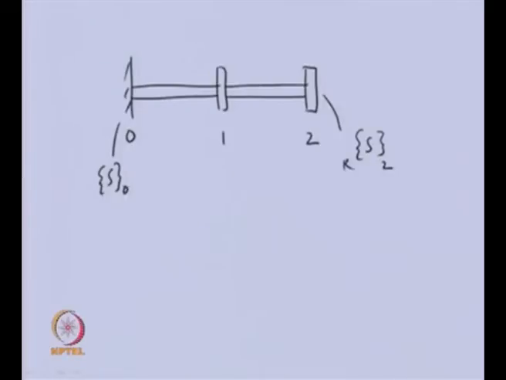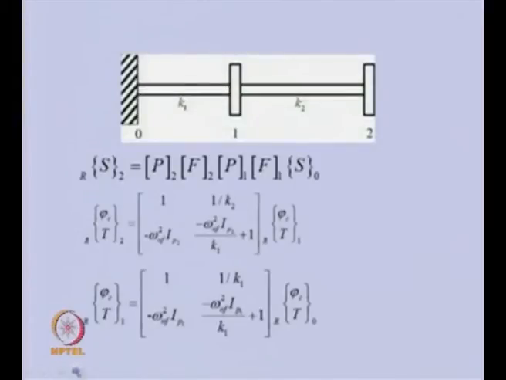Once we have related these two state vectors, we can apply the boundary condition. The only thing is that the matrices will be more, and we will be multiplying more matrices. So let us see how this takes place.